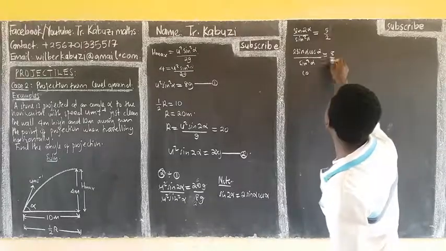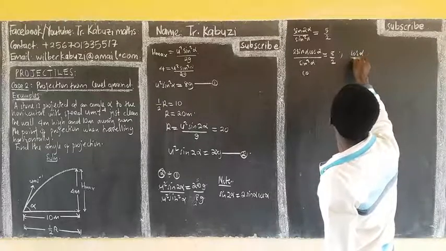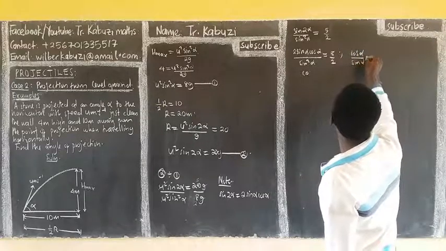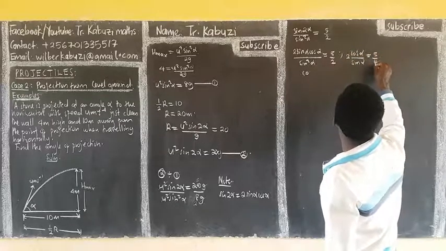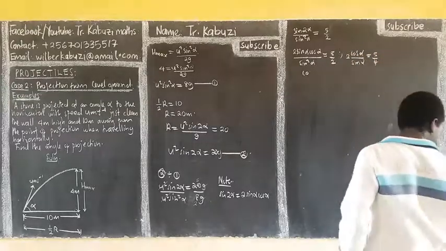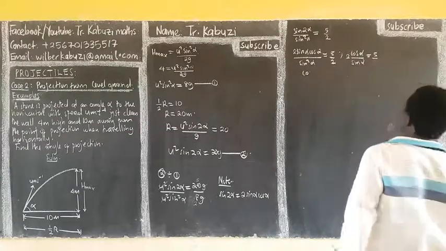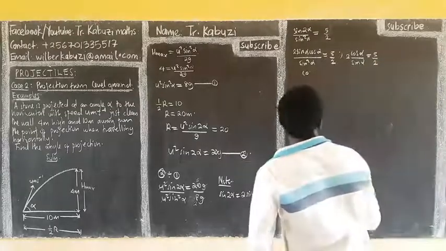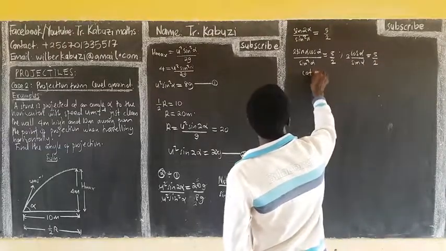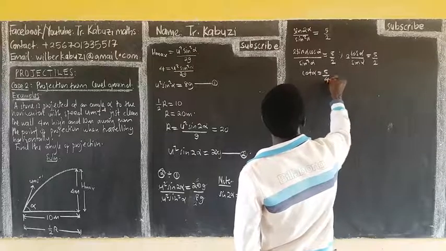I don't know if people are okay if I skip that step. Cos alpha over sine alpha will be equal to 5 over 4. I divide by the 2 to the side, so cot alpha equals 5 over 4.